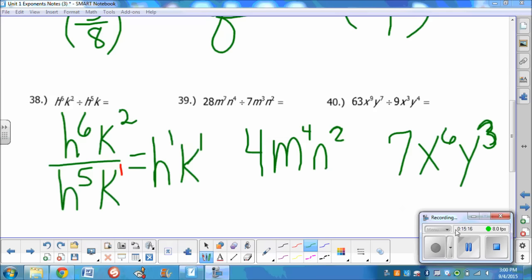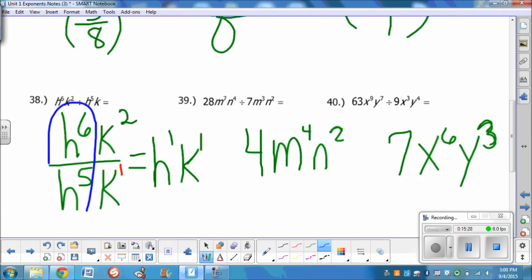So let's talk about those. So h to the 6th and h to the 5th, k squared, k to the 1st. Remember, like bases, you subtract your exponents. So I had to focus in on those. So that gives me h to the 1st, 6 minus 5, and k squared, k to the 1st, 2 minus 1, k to the 1st.